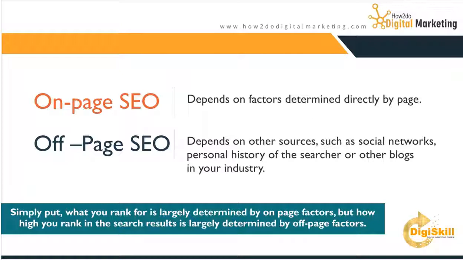And how high you rank in the search results is determined by off-page factors. So if your on-page is not good, you might not even get ranked by Google. If your on-page is good, you might get ranked. But if your off-page is not good, you might not rank high, on page 1 or page 2 or page 3. Therefore, both on-page and off-page are equally important when you are doing SEO.